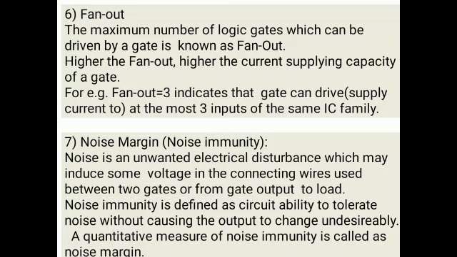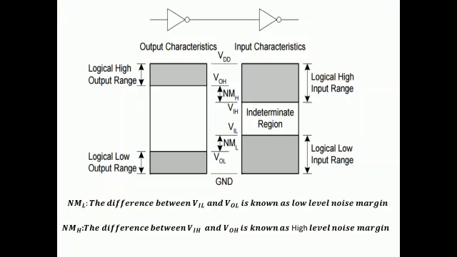Means even if there is some noise voltage added, the output will not change. That is noise immunity. So the parameter used to measure this noise immunity is noise margin. So the designer, while designing the gate, will have some noise margin.